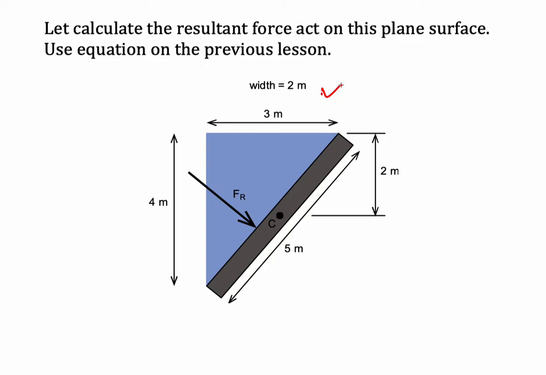The resultant force will act a little bit lower than the centroid point here. So we draw an arrow like this, perpendicular to the surface, and denote it as FR.